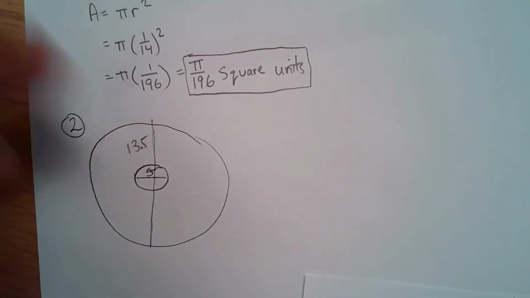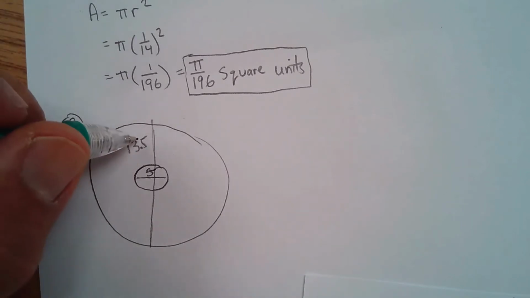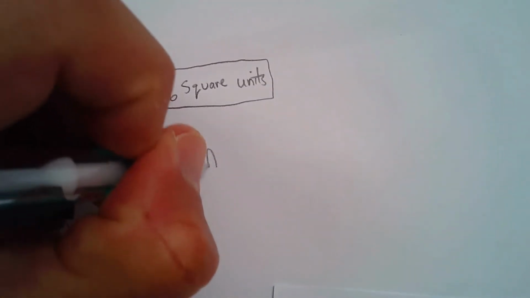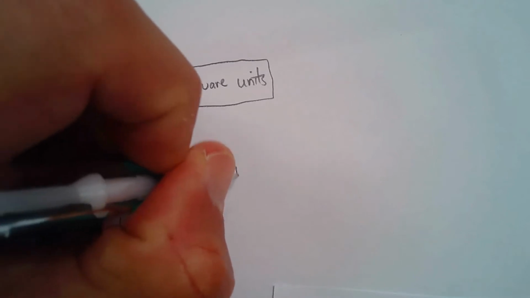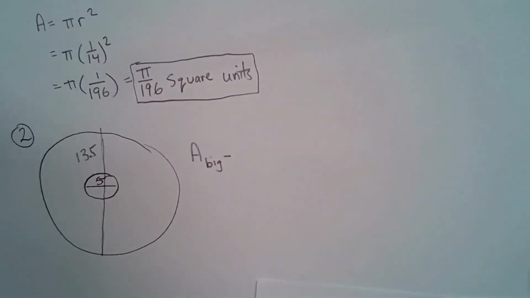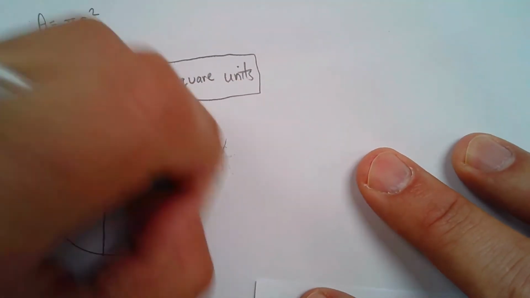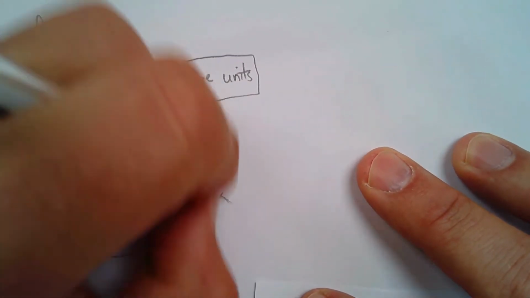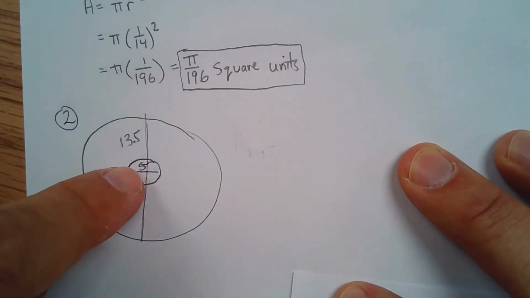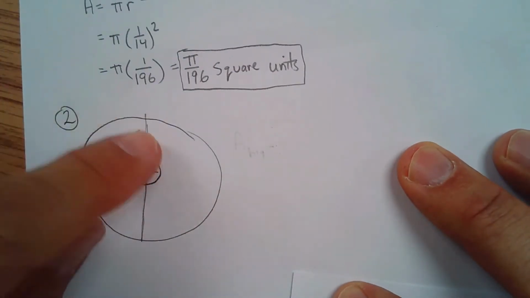So we need to get the difference in the areas. So the area of the big circle minus, oh, not minus. We're finding what part of one is of the other.